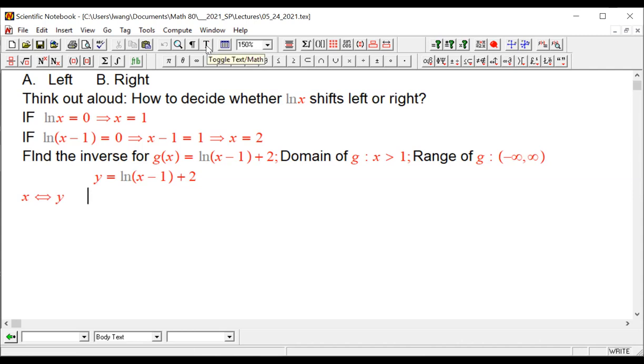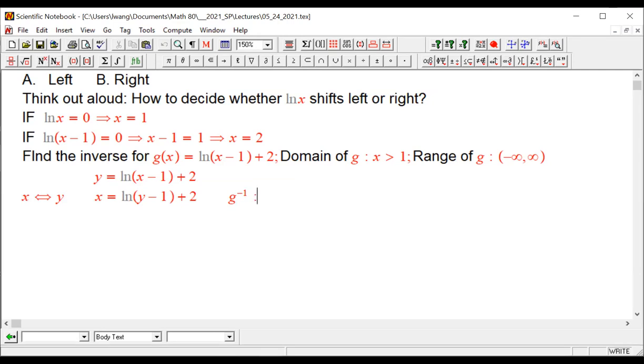So after the swap, we will get X equals ln of Y minus 1 plus 2.